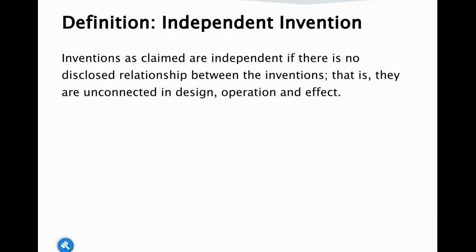If the disclosure reveals no connection between the claimed inventions in terms of design, operation, and effect, then the claimed inventions are considered to be independent. If, however, the inventions are connected in terms of design, operation, and effect, then the claimed inventions cannot be considered independent.